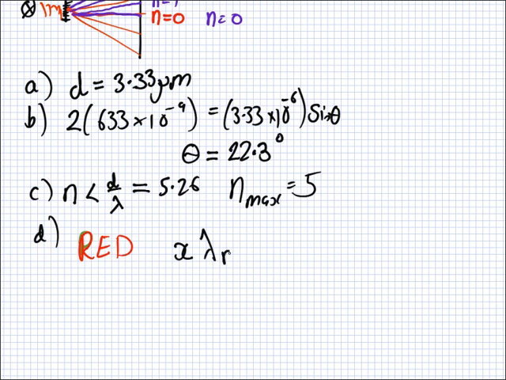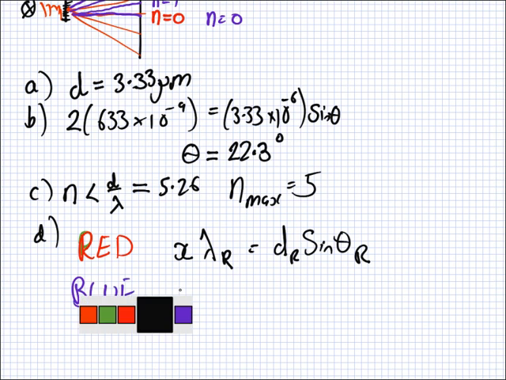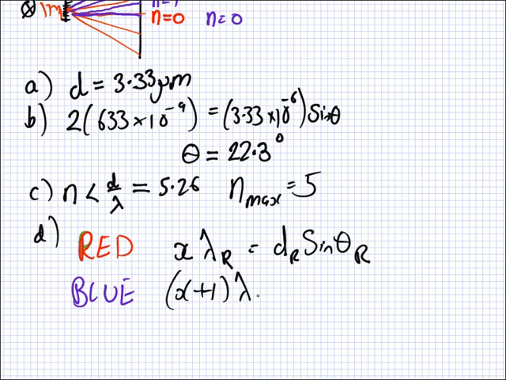Lambda for the red light equals d for the red light and sine theta for the red light. Now, for the blue, you have x plus 1 lambda the blue light equals d for the blue light and sine theta for the blue light.